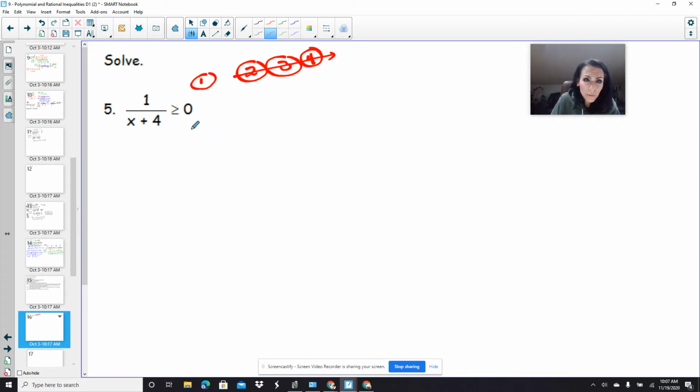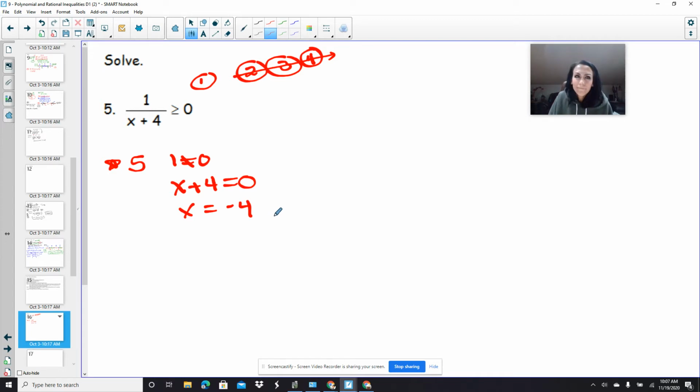Step 5, that's where we are. Step 5 says you have to set the numerator and the denominator equal to 0. Okay, so 1 equals 0 doesn't make sense, right? 1 equaling 0, that doesn't make sense. Let's go to our denominator and set our denominator equal to 0. So we have x equals -4.